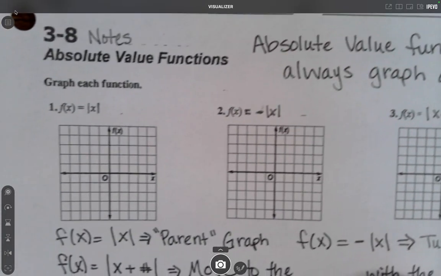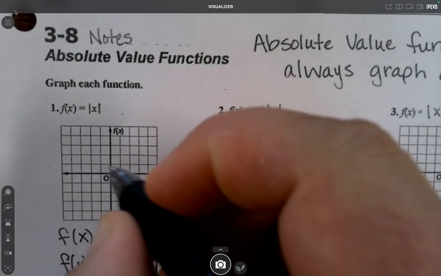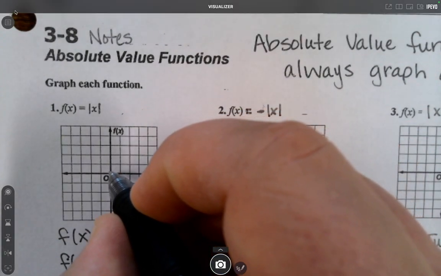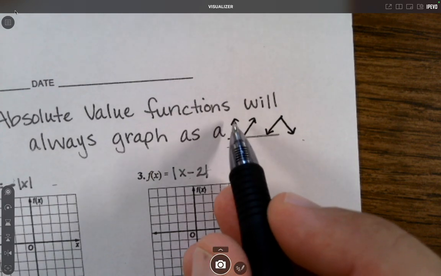So, for example, the original function, this can be called the parent function, absolute value of x. It's called the parent function because nothing's happening to it. Nothing's being added, subtracted, multiplied, divided. There's no negative sign. So this is kind of the original. So it has a vertex. The vertex is the part where it changes direction.